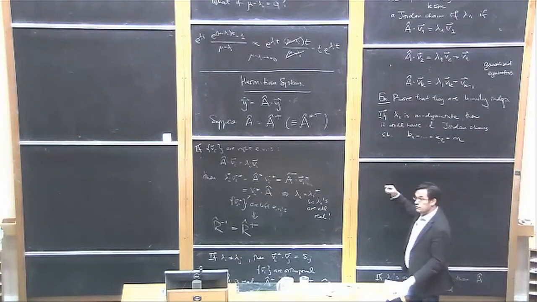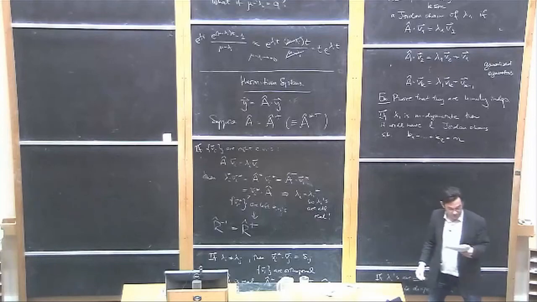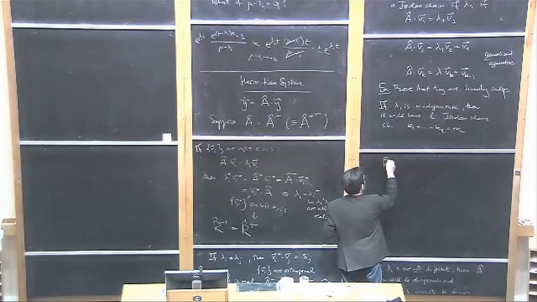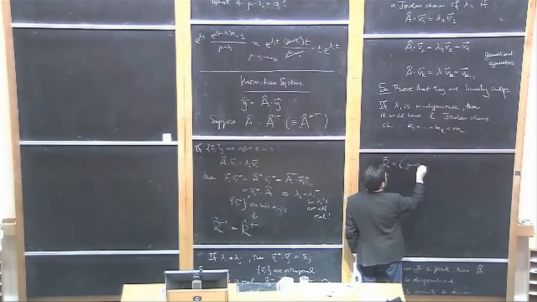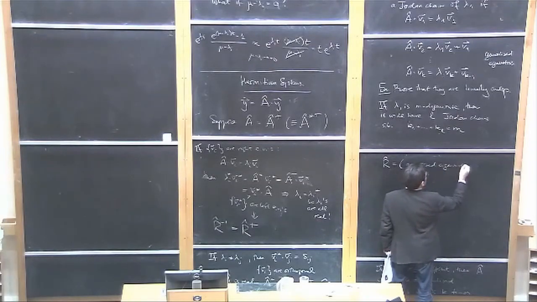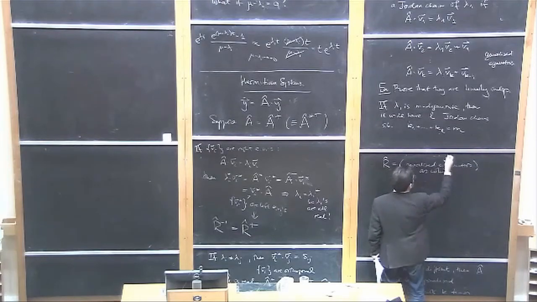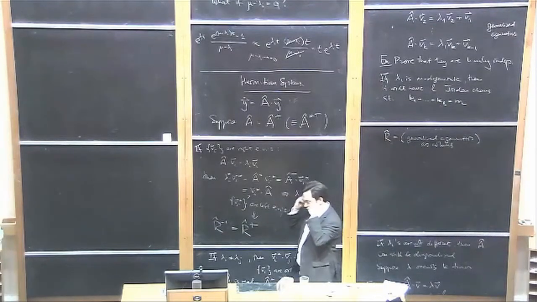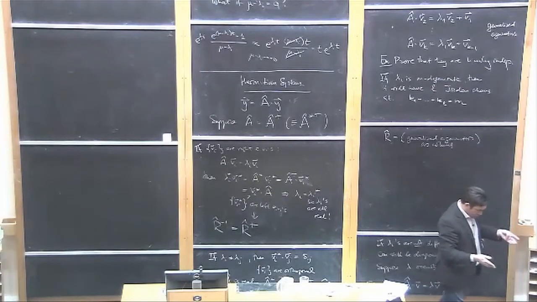Now, if you take all these vectors and stack them into a matrix R, so I take R and put generalized eigenvectors as columns into it. What I now do is I take my matrix, I calculate all the eigenvalues.